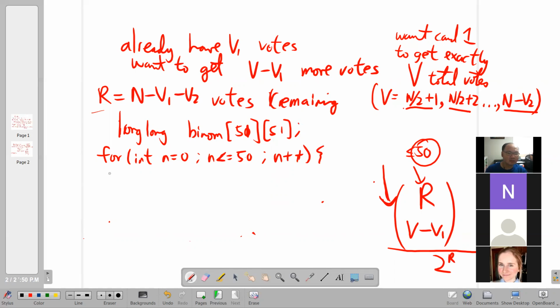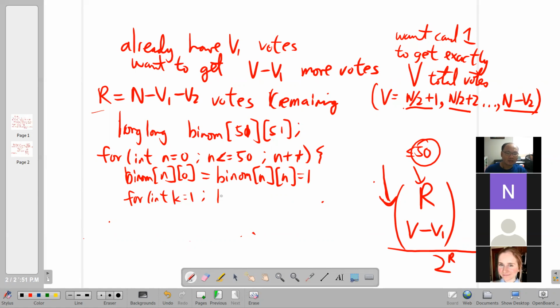I'll just show you the code, but anyway, then you say binom n choose 0 and n choose n are both 1, and then you fill in the interior of this Pascal triangle.